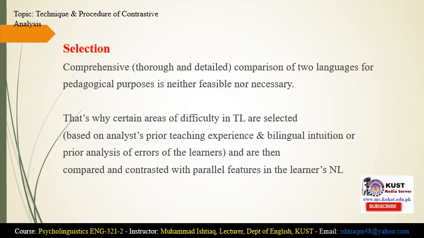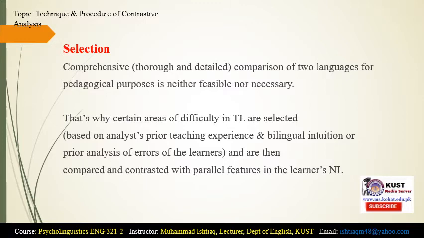By selection, they mean that a comprehensive, thorough, detailed, complete comparison of two languages for pedagogical purposes is neither feasible nor necessary. This means that selection does not mean we select the whole of the languages. Rather, we select only certain areas. Why?